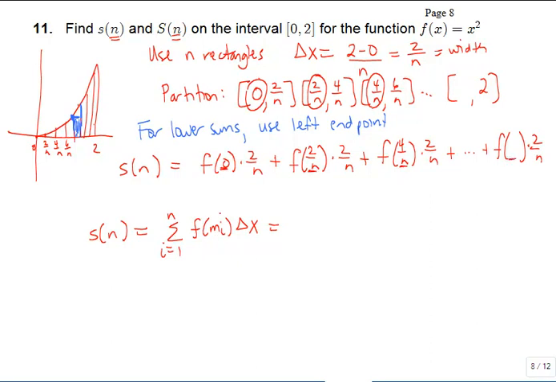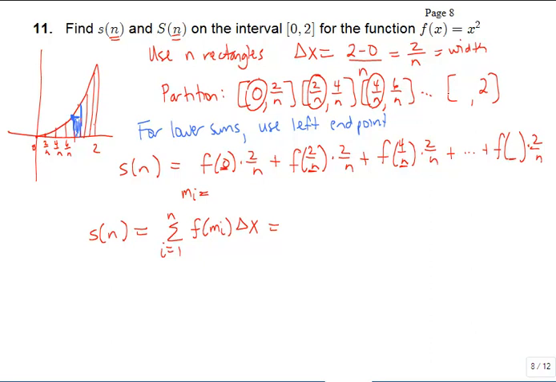And what I want to try to do is find a formula for this m sub i so that I generate each of these left endpoints correctly. And I want to do it so that I can write this in summation notation. So let's think about how I can come up with a formula for this little m sub i so that I'm getting each of these left endpoints every time.